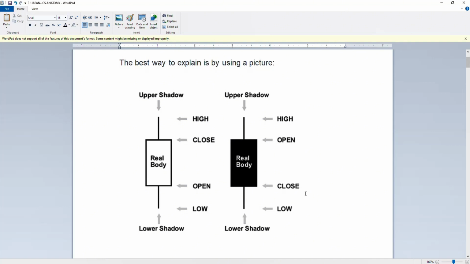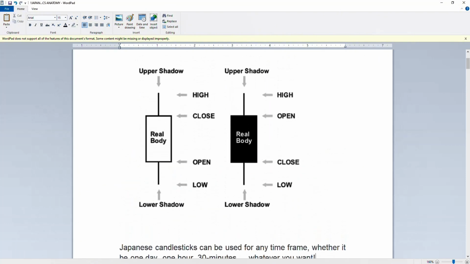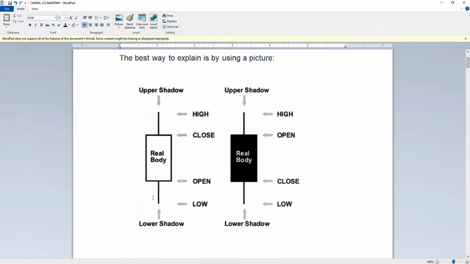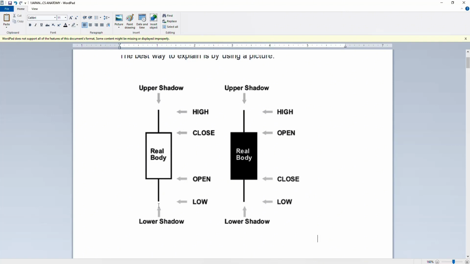Let me explain. This is a candle. Let's consider this white candle. This candle price opens below here, and then price trades below, forms the low of the day, and then pushes up, forms the high of the day called the upper shadow, and then retraces and closes above the open price.